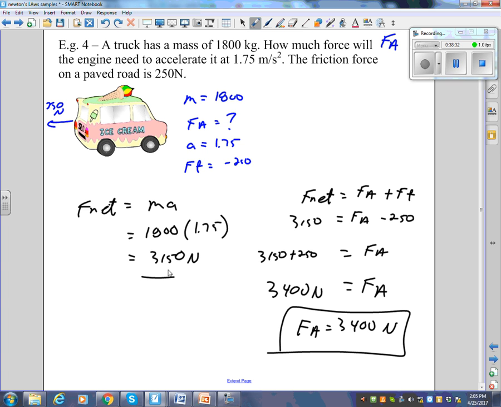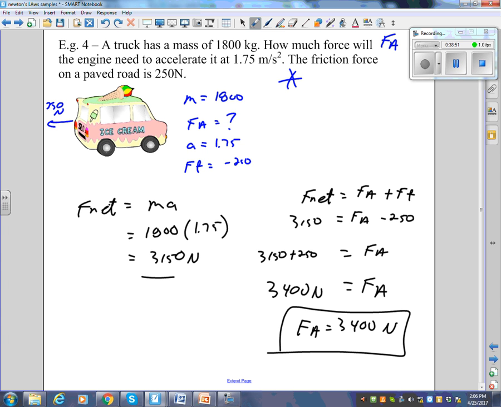You don't always subtract friction. That is not a rule. What you do is plug it in this way and solve it. If you do this, you'll never make that mistake. A 100% guarantee you'll see that question on a test.